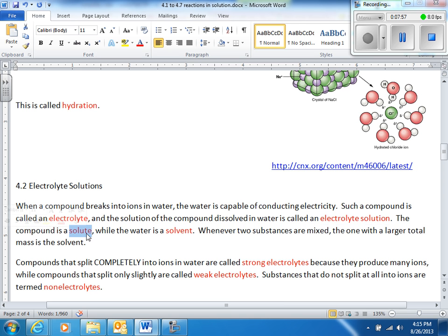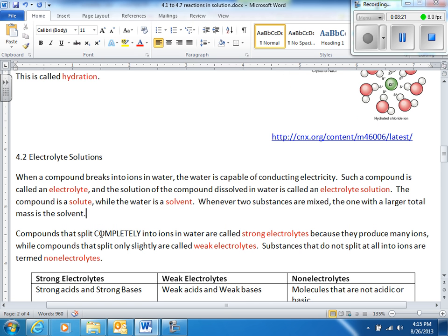The electrolyte, or the compound, is called a solute. The water is a solvent. And solutes are things that dissolve in solvents, and the solvent is always larger in mass quantity, not size, but has a larger total mass. So if I have 10 grams of one substance and 100 grams of another, the 100-gram substance is the solvent.